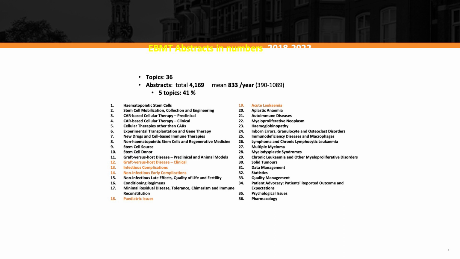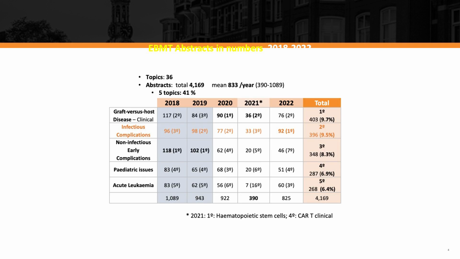The median is 833, and 5 of these 36 topics represent 41% of all the abstracts. They are in orange: graft-versus-host disease, clinical, infectious complications, non-infectious complications, pediatric uses, and acute leukemia.